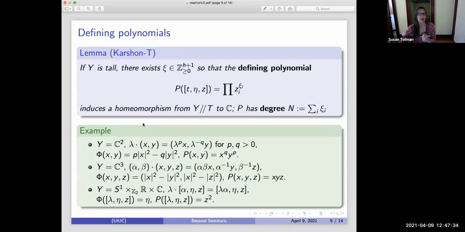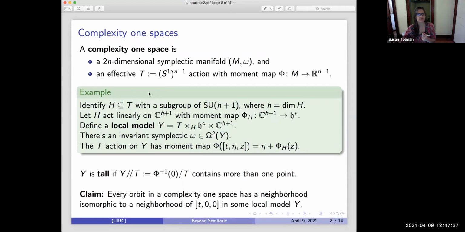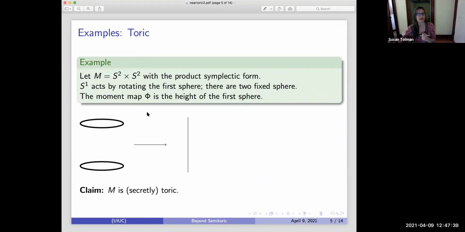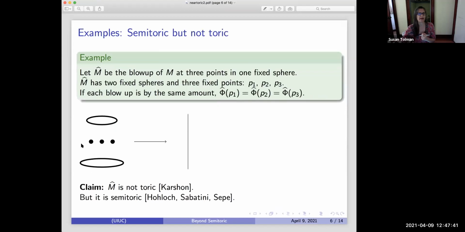So we go back to our picture. Now we see here we have 3 fixed points, and I'm asking if it's toric. If I'm asking it to be toric, then every fixed point must be a critical point, but every moment fiber can have at most 2 critical points. So this is impossible because we have 3 fixed points, which would be 3 critical points.